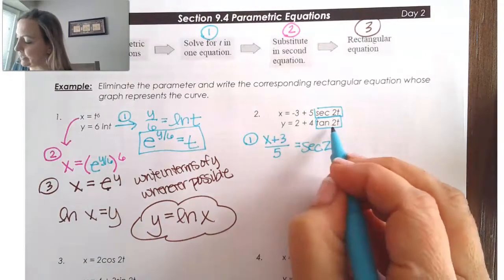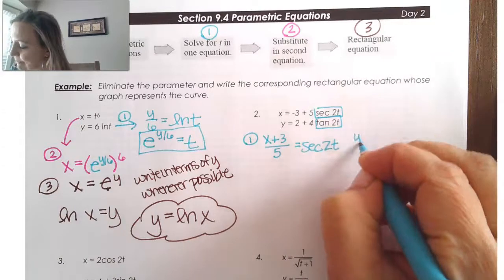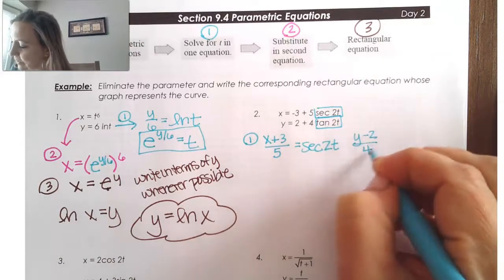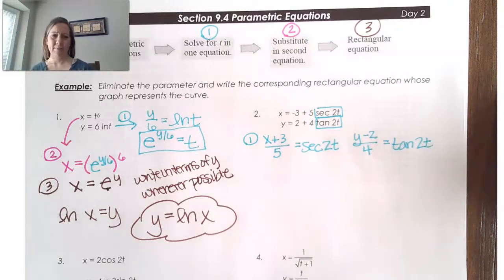Now let's do the same thing here. I'd subtract 2, divide by 4. So y minus 2 over 4 equals the tangent of 2t. Now you may be saying, Mrs. Mackey, how does that help us? Well, I want us to think back to our friends, the Pythagorean identities. I know they're not going anywhere.